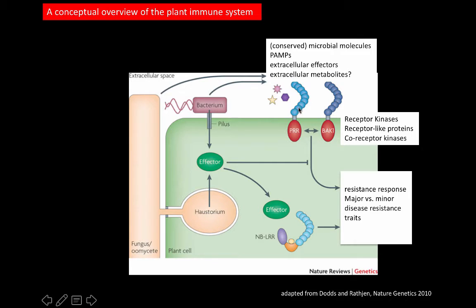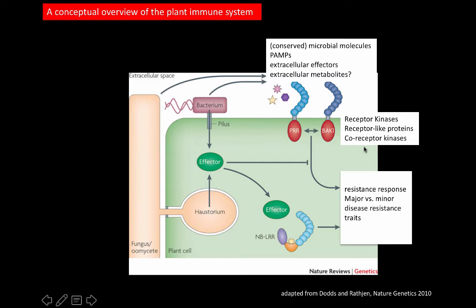One receptor recognizes one molecule at a time, and after the molecule is recognized, the receptor relays the signal into the inside of the plant cell, into the cytoplasm. Often these receptors are coupled with an intracellular kinase, which again is coupled with a co-receptor.